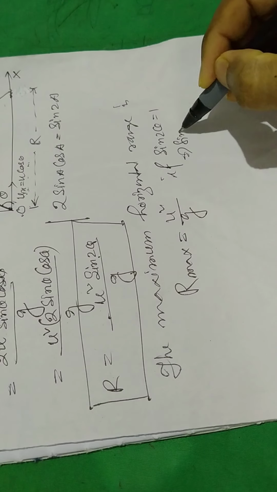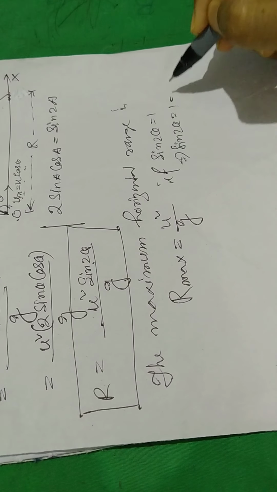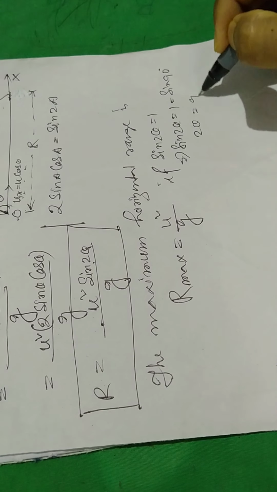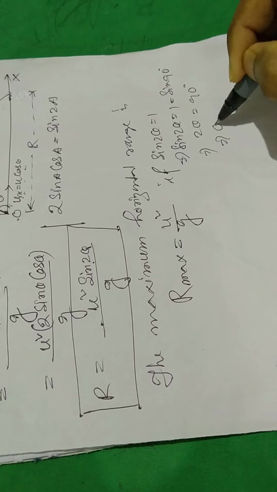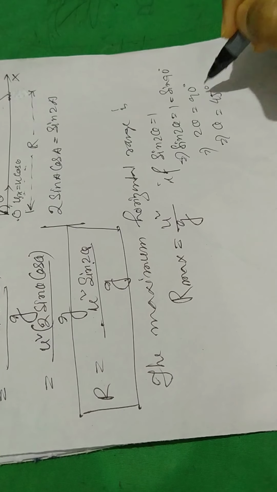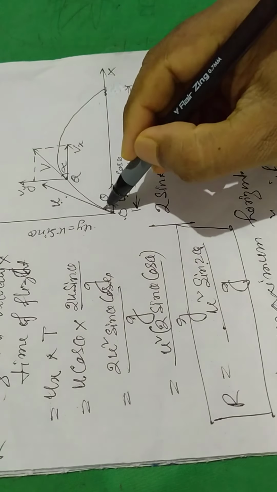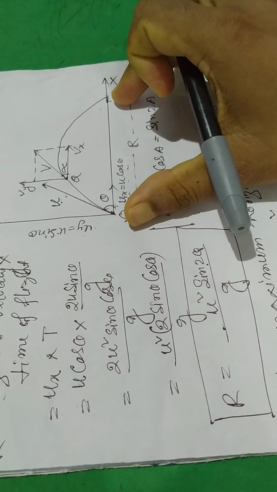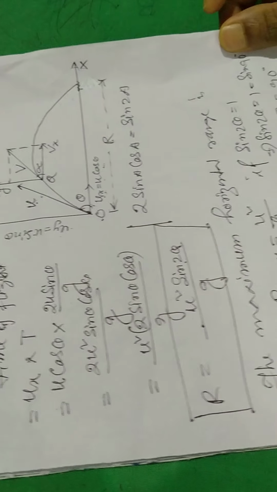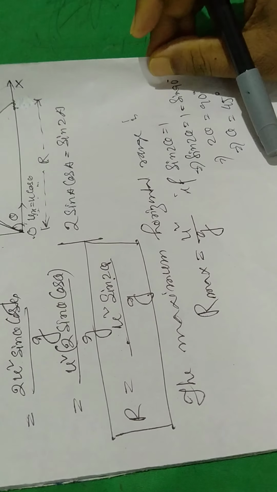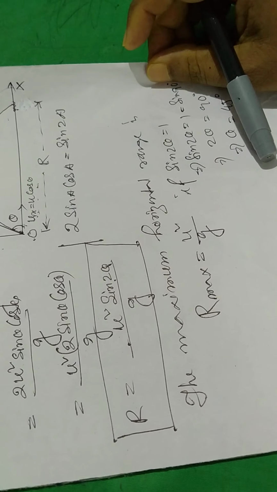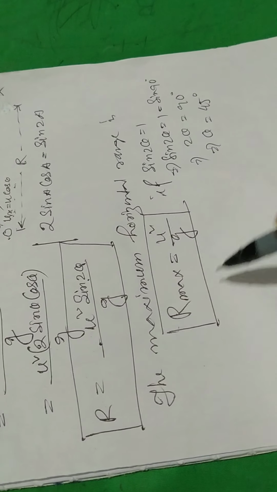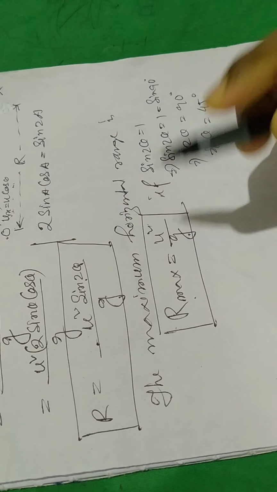If sin of 2 theta is equal to 1, then 1 equals sin of 90 degrees, so 2 theta equals 90 degrees, then theta equals 45 degrees. When the projectile is projected at an angle of 45 degrees, the horizontal range is maximum, the maximum horizontal distance traveled by the projectile. So maximum horizontal range, R max equals u square by g.